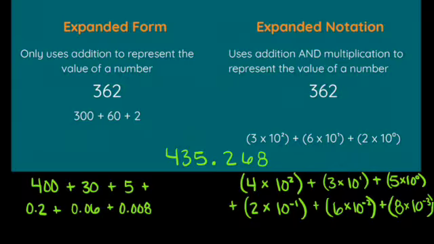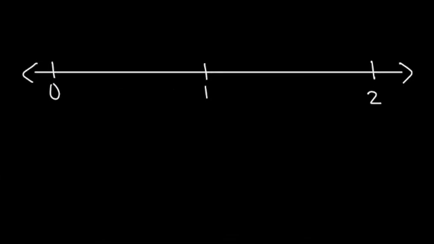Finally, we're going to look at using a number line model to represent decimals. Because my decimal numbers follow the base 10 system, in between my whole values should be 10, 100, 1,000 pieces because it follows that base 10 system.